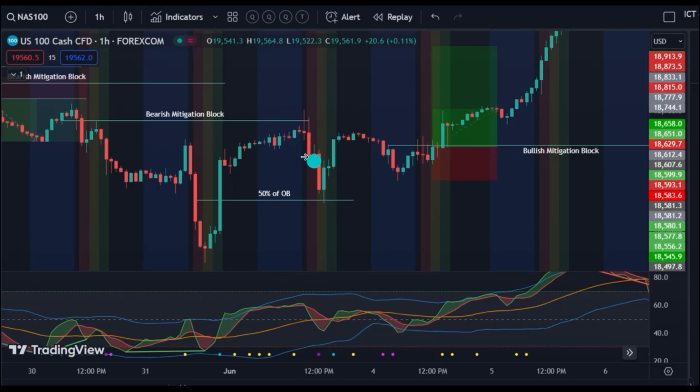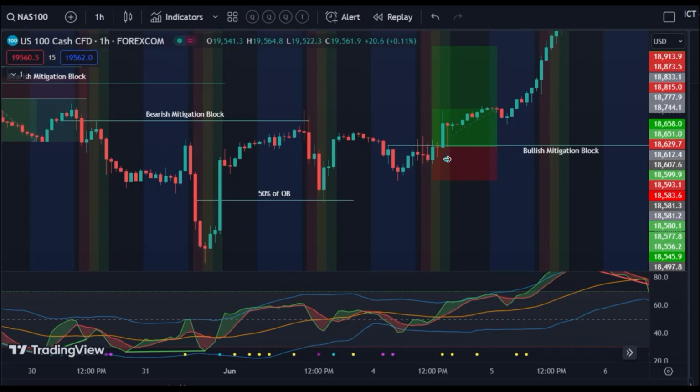This creates a mitigation block, which happens here. This move up and down, we have a low, a high, and a lower low. We draw our line out from the beginning of the lower low. That is our bullish mitigation block. Price closes above it, comes back and retests it, and that is our entry.